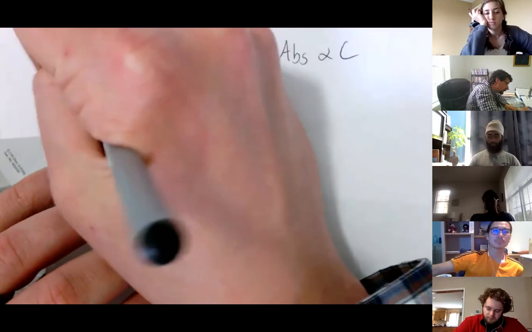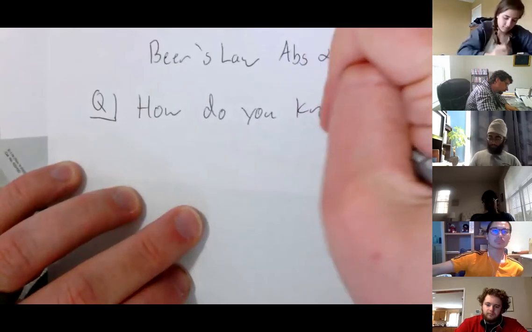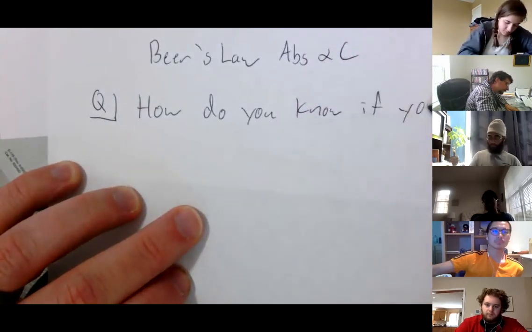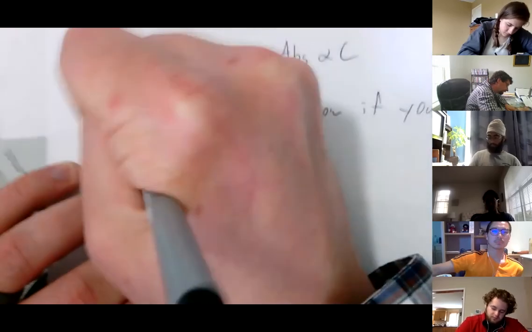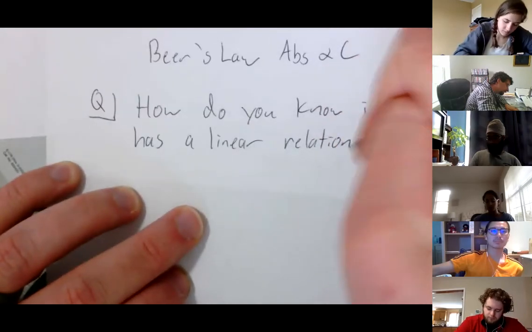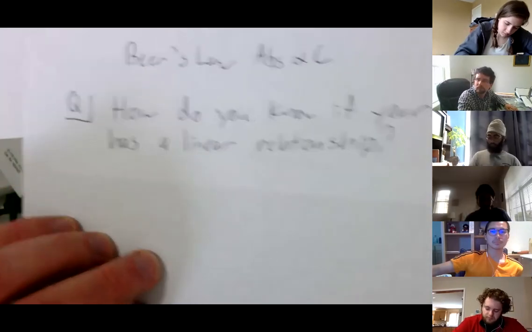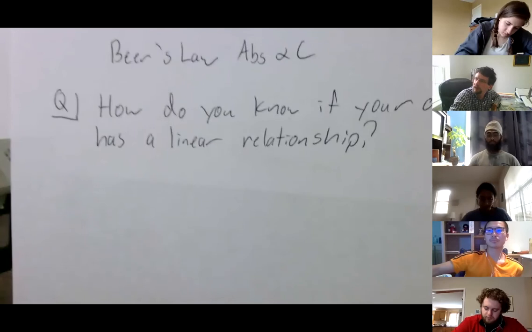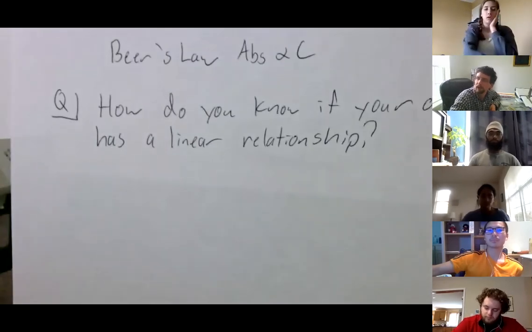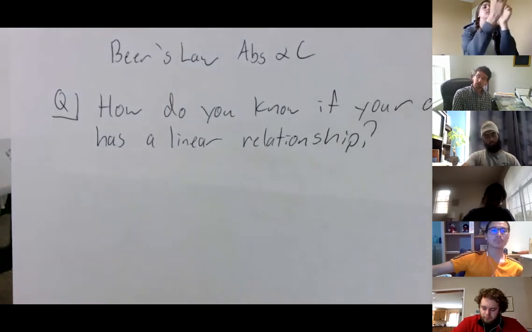Okay, next question. How do you know if your data has a linear relationship? What do you look at to quantify how linear a relationship is? Does anybody know? Like if you're doing some statistics. Like the slope, if it stays constant. You can look at that, yep.